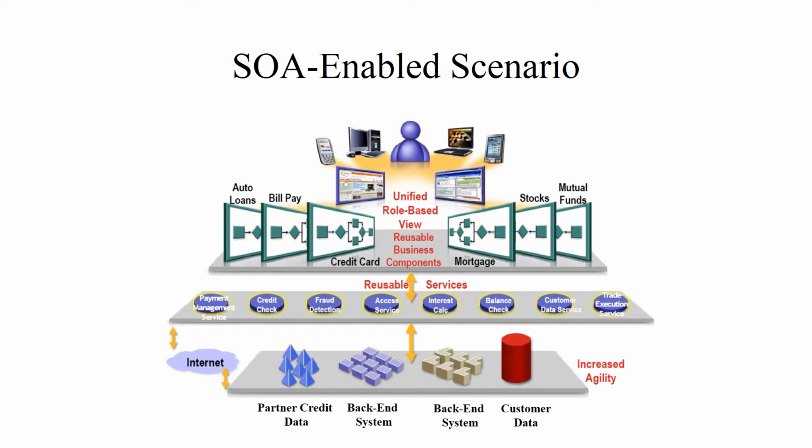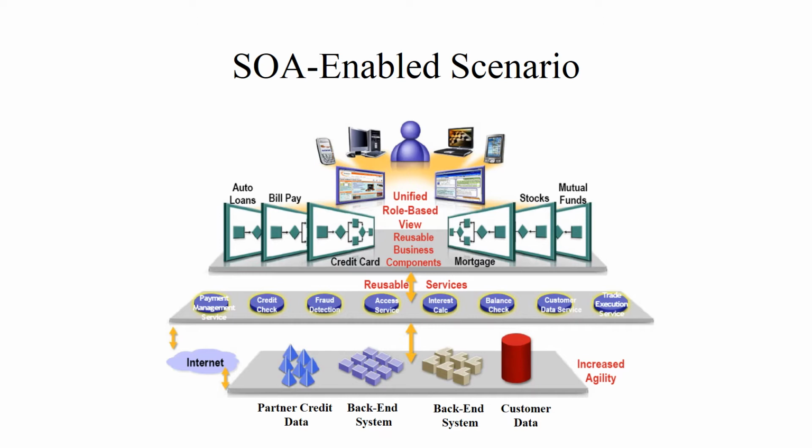This is a view graph of a service-oriented architecture enabled scenario in a banking system. We start from the lower section, which has different components such as partner credit card data, backend system, and the customer data.